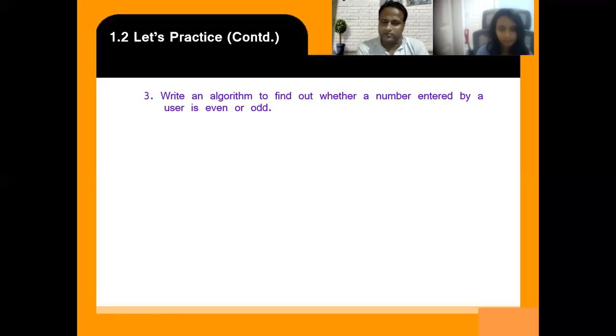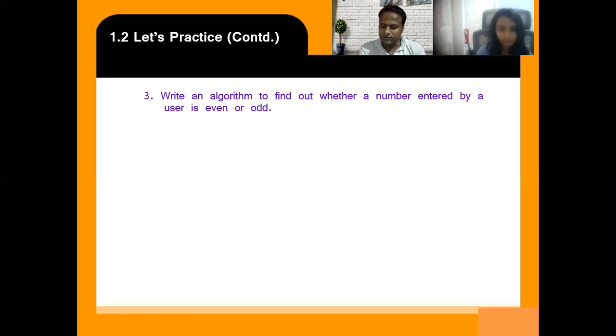If, when it is divided by 2 multiple times, divide it by 2 until you cannot divide it anymore. And if the remainder is 0, then it is an even number.